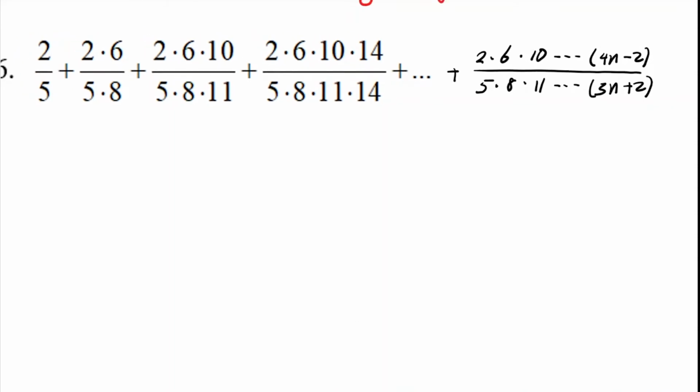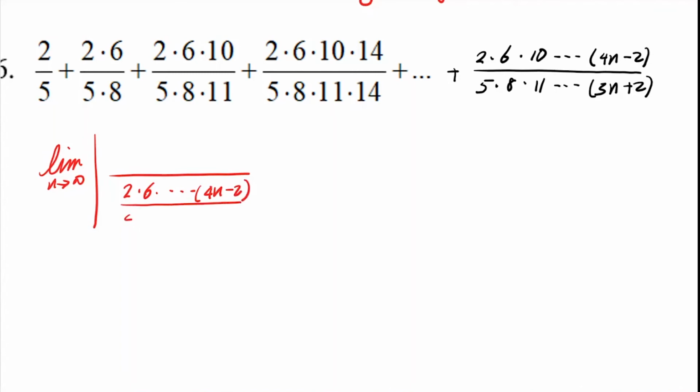Okay. Shall we do the ratio test now? Yeah, let's do that. So ratio test, limit as n approaching infinity of, wow, gigantic, basically that thingy, right? 2, 6, 4n minus 2 over 5, 8, 3n plus 2.